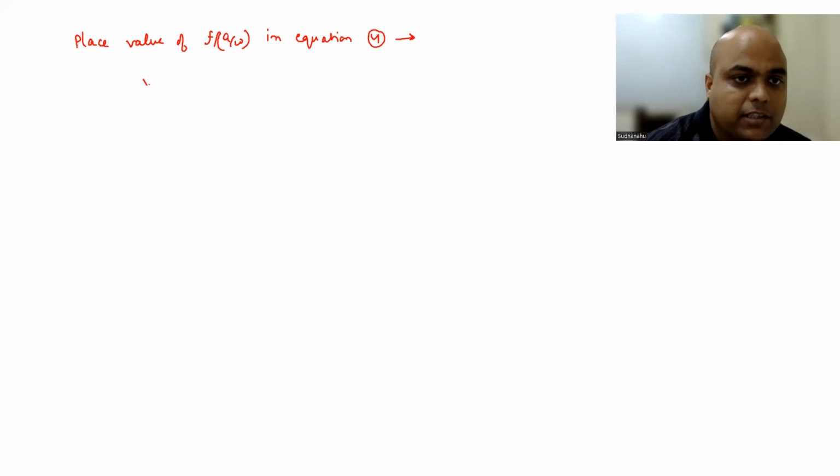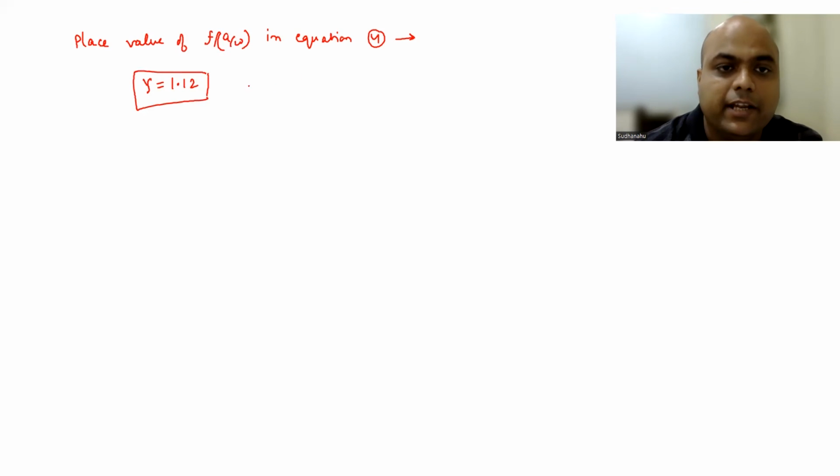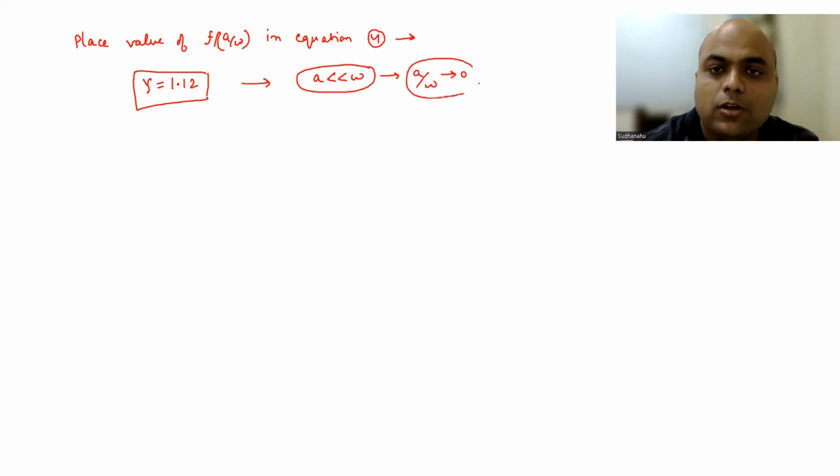So that will give you Y as 1.12. Okay. And again, remember, this is when A is much smaller than W. That means A by W is tending to 0. So for semi-infinite SENT plate, Y is always 1.12.